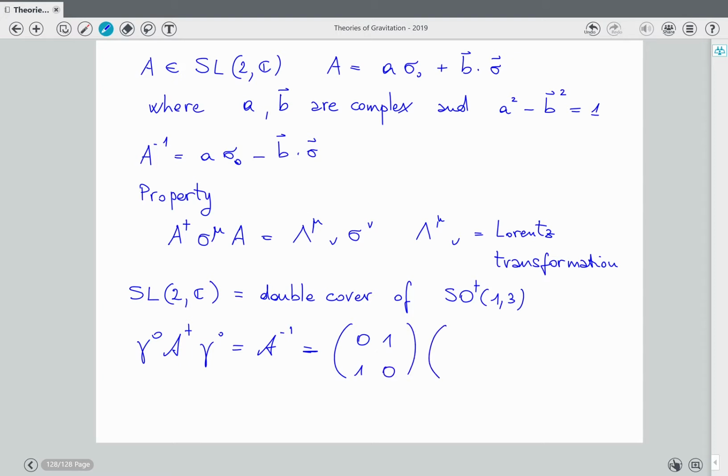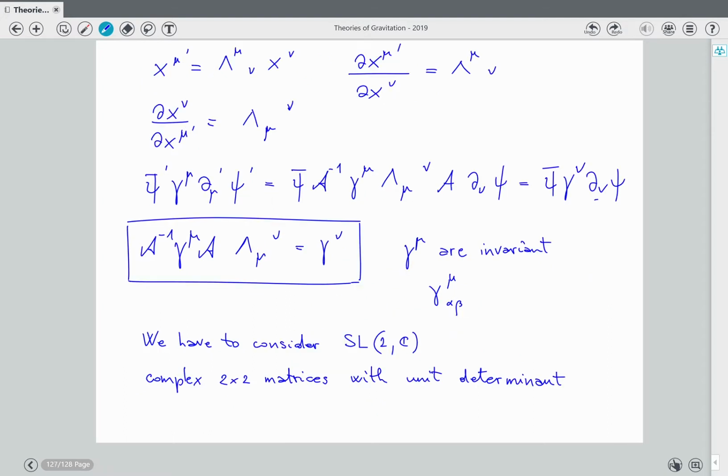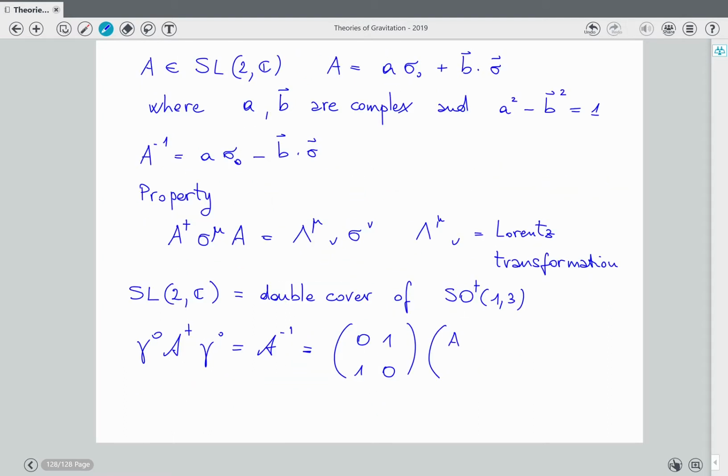Let us recall that A is parameterized like that, so dagger of that, gamma 0 being 0, 1, 1, 0.